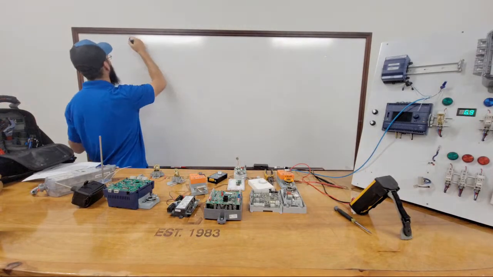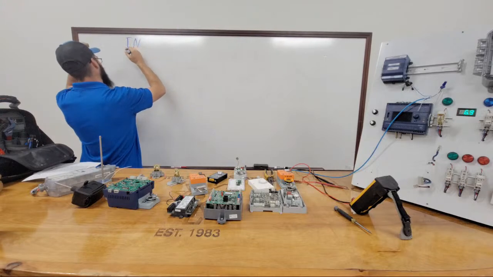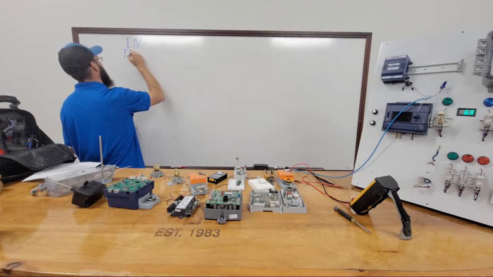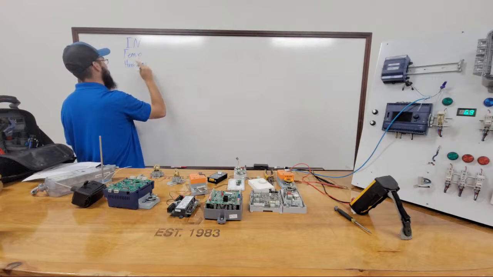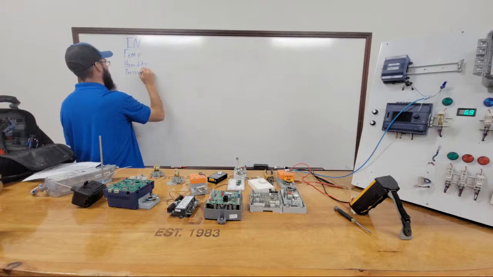So on our inputs, you can have temp, you can have humidity, which are two different styles of sensors. You could have pressure, current.